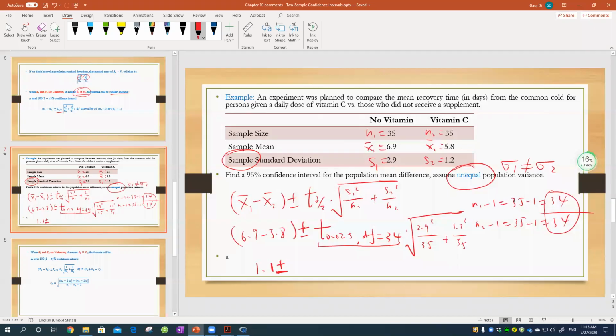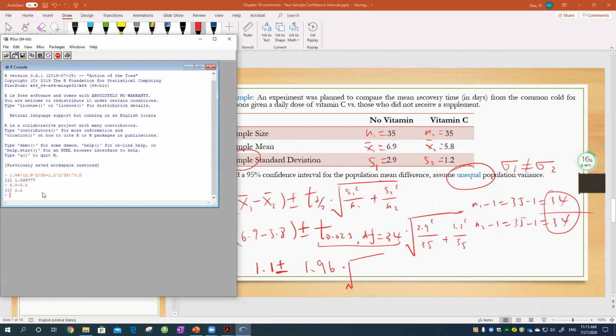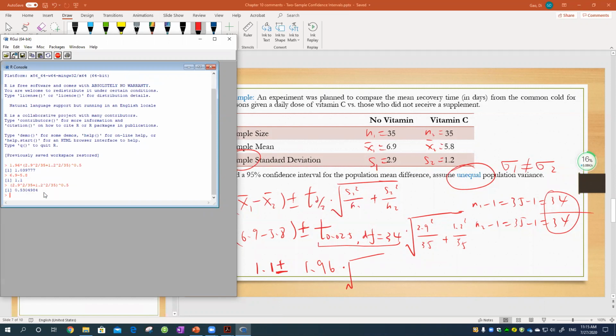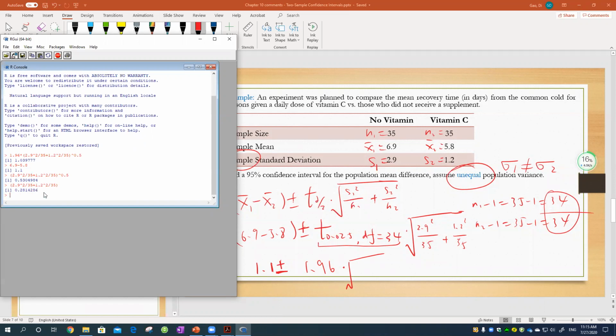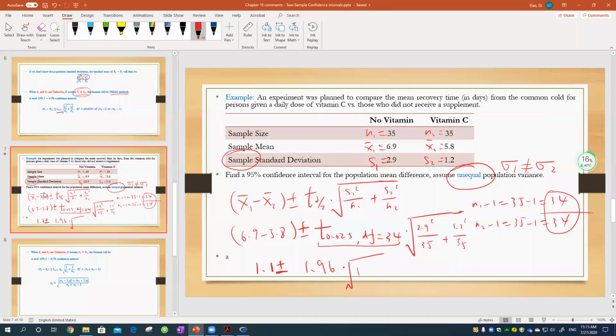So we put down this number, 1.96, and times square root of, we can calculate that out. Square root of 0.2814.